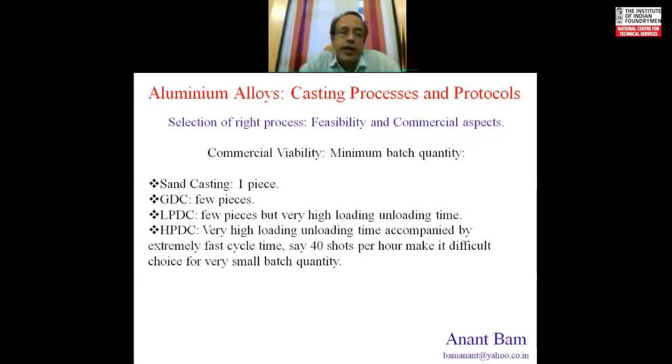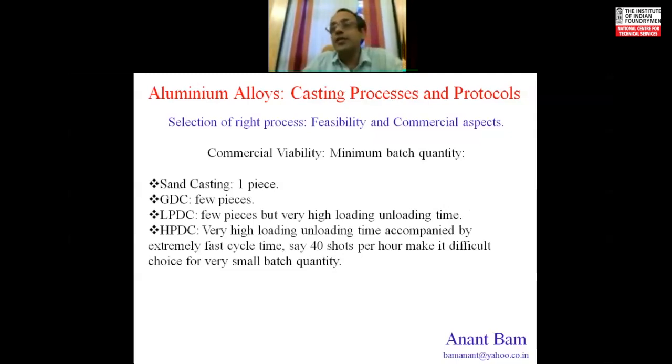In case of high pressure die casting, the minimum batch quantity requirement becomes very high because the cycle time is extremely high. Also, the loading unloading time is extremely high. Similar to LPDC, for HPDC also, you lose nearly a shift for loading plus unloading the die. The changeover time, what we call as, is 4 to 6 hours, or it may extend to 8 hours also. And with a productivity of 40 shots per hour, it becomes a requirement that you need thousands of pieces to be produced once the die is loaded.